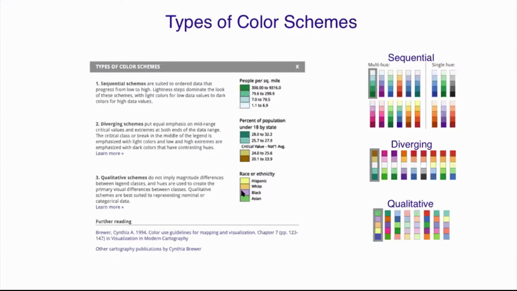But they just give some examples of how you might use these, where the sequential color schemes would be good for numerical values or ranges of numerical values. And some other examples here in terms of the diverging could also be used for numerical values, but again, where you want something indicated as above or below a particular level. And then more categorical types of data would be appropriate to link to the qualitative types of color schemes.